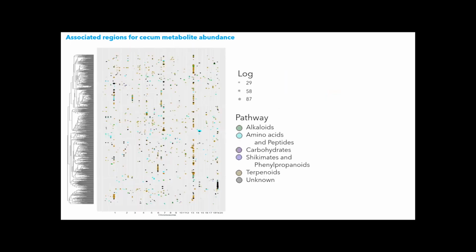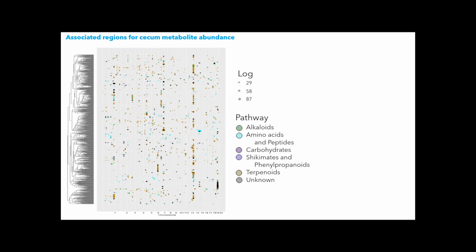This plot is an eQTL-like representation of our results. You have all the associations that we identified in this specific project. The x-axis shows the chromosomal region being analyzed, and the y-axis shows hierarchical clustering based on metabolite abundance specifically.